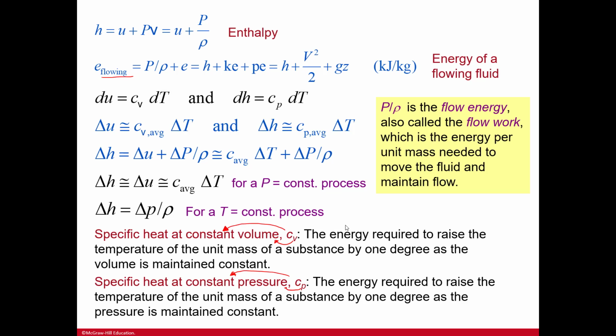And then the same situation for specific heat at a constant pressure: the energy required to raise the temperature per unit mass of this random substance by 1 degree if the pressure is maintained constant.